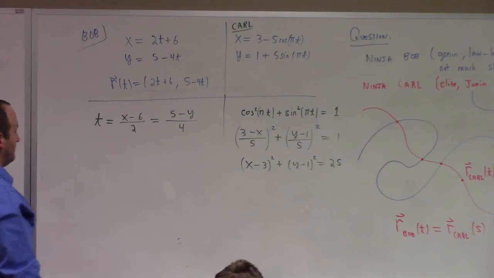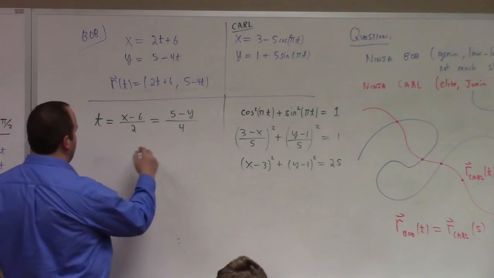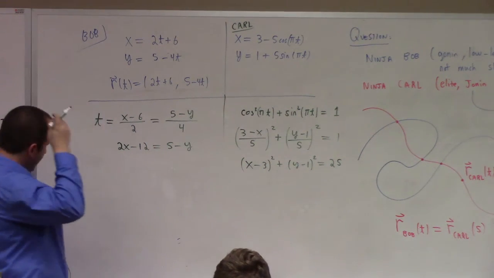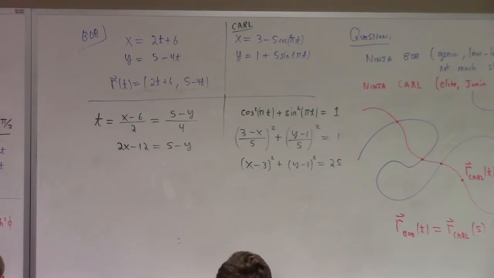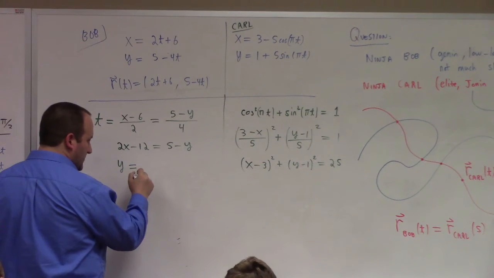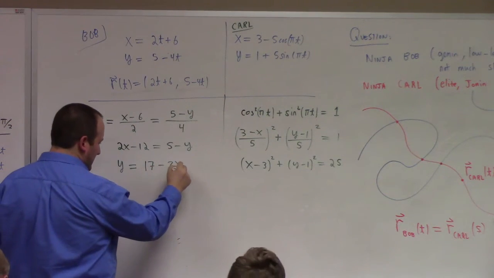Did you guys get that too? Okay, so this is a line. This gives me 2x minus 12 equals 5 minus y, multiplying both sides by 4, which gives me y equals 17 minus 2x.